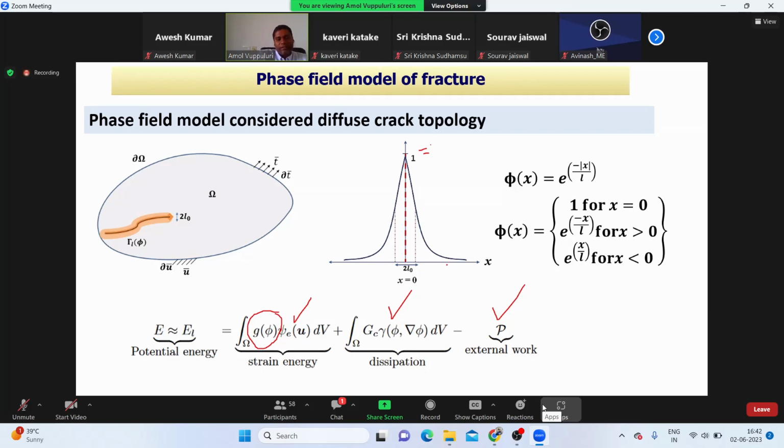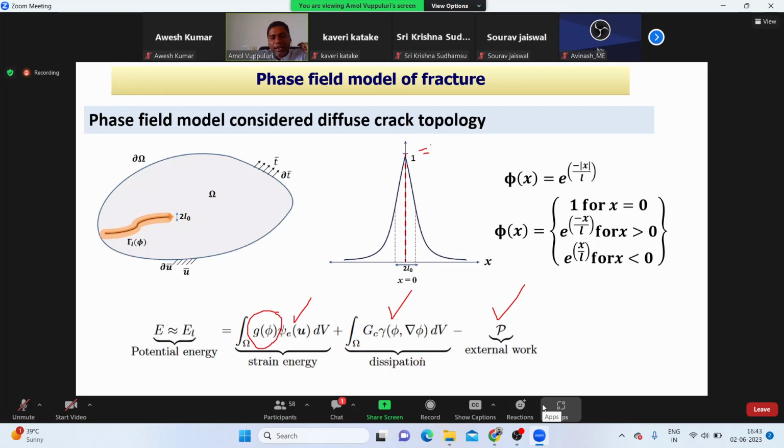Similarly, if you look at the energy associated with the crack surface or the damage area, this energy is given by gamma, which is nothing but the crack surface density function. Okay. Since this damage is diffused in this diffuse zone, it is not only phi, even the gradient of phi also exists.